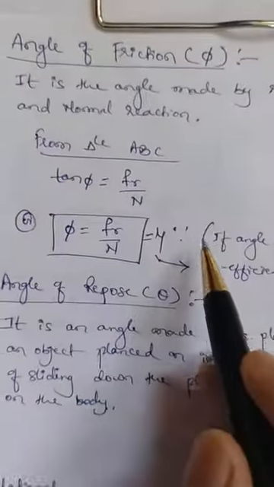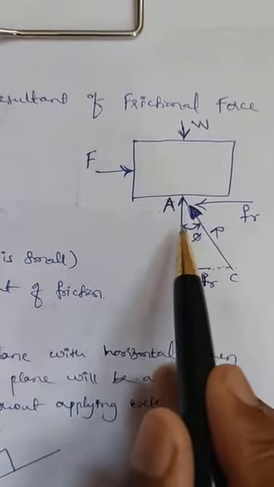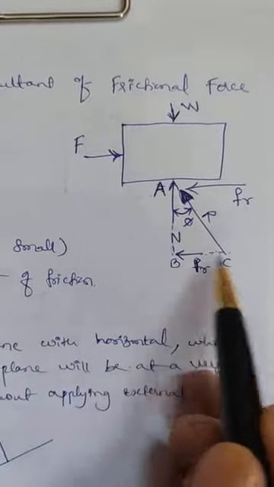In this triangle ABC, look here, tan phi. The opposite side will be BC.